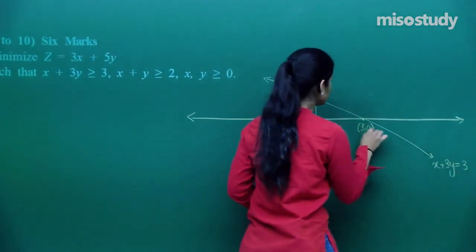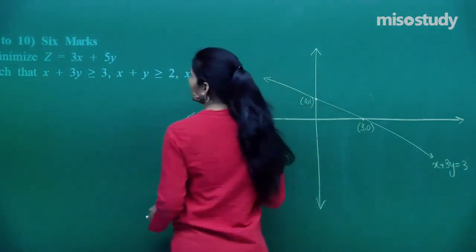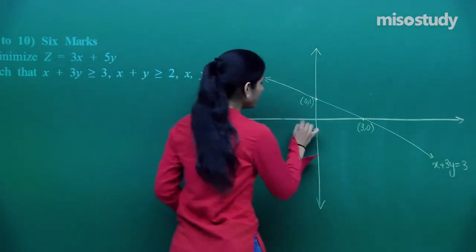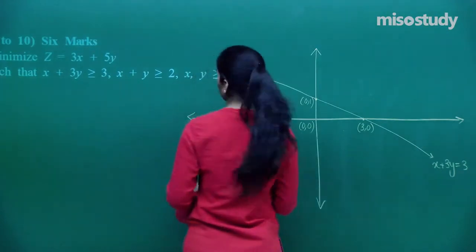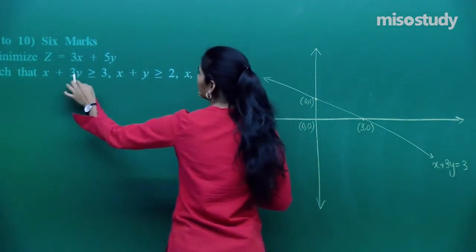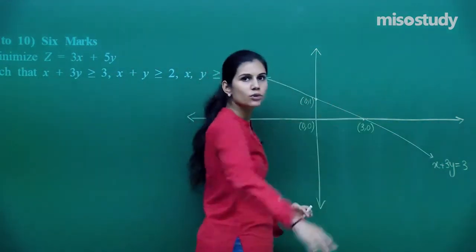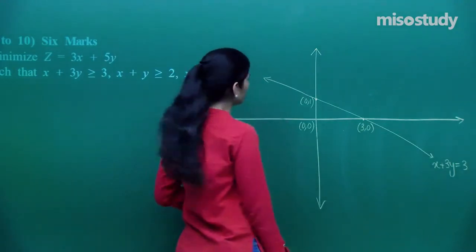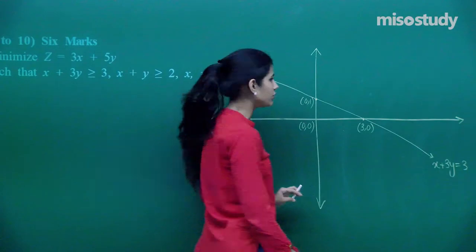This is 3 comma 0 and this is 0 comma 1. Clear? Greater than equal to 3. This is equal to 3. For greater than 3, plug in any point which is not lying on this line. Put x equals 0, y equals 0, 0 is greater than 3, this is false. So everything on this side of the line is going to be my region represented by x plus 3y greater than equal to 3. Points on the line and points on this side of the line not containing the origin.